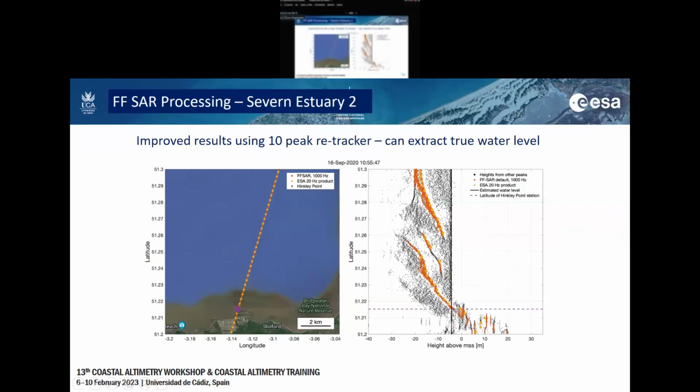What you see is the black dots are the peaks from the 10 peak read tracker. The red diamonds are basically the fully focused default processor, the OCOG one, and the yellow diamonds are the 20 Hertz products. So you can see how the default processing snags, picks out off nadir reflections, and you need this kind of 10 peak processing to pick out the true water level.